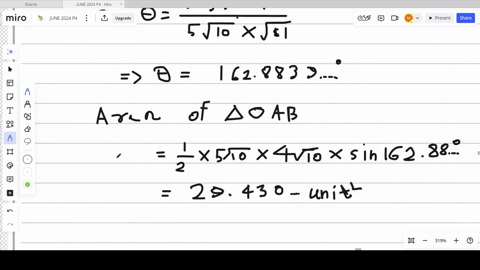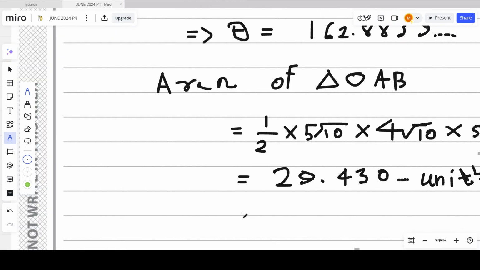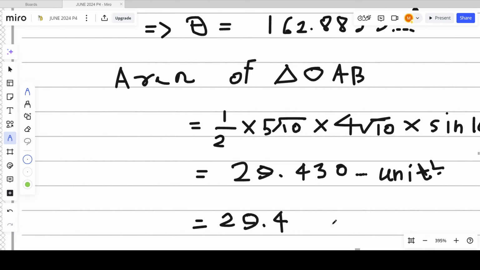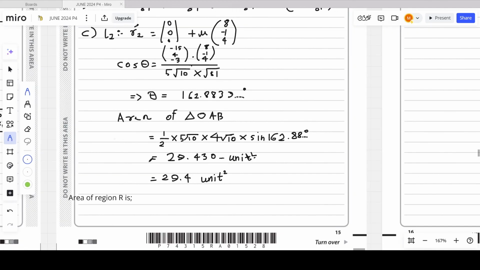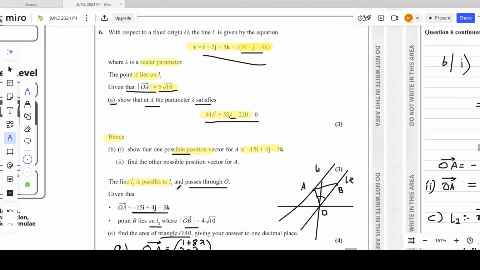They wanted the area to one decimal place, so the area is 29.4 units squared. And that's all about question number 6 from June 2024 P4 paper.